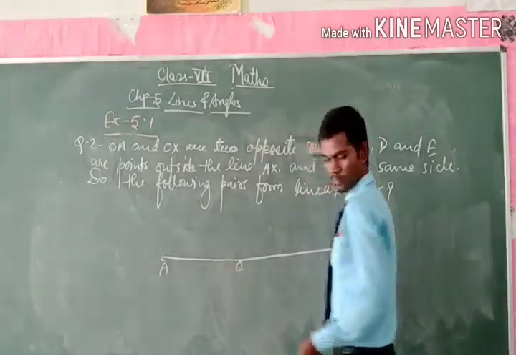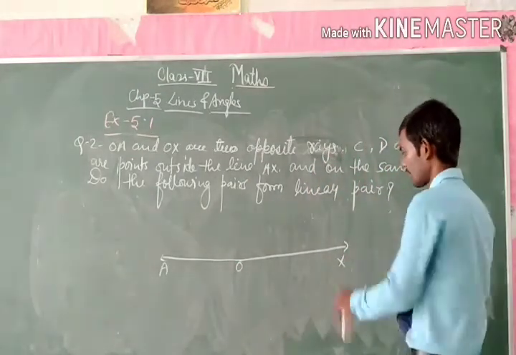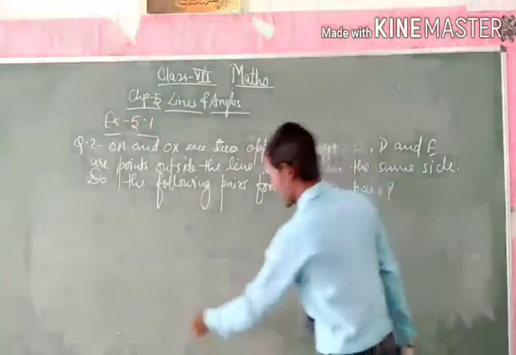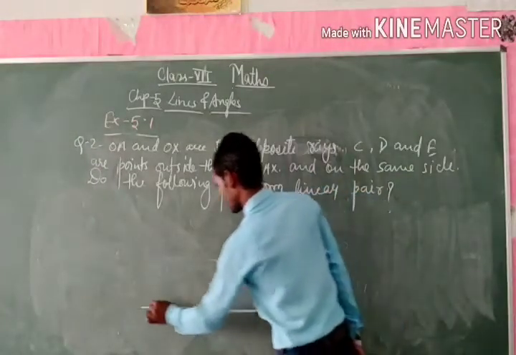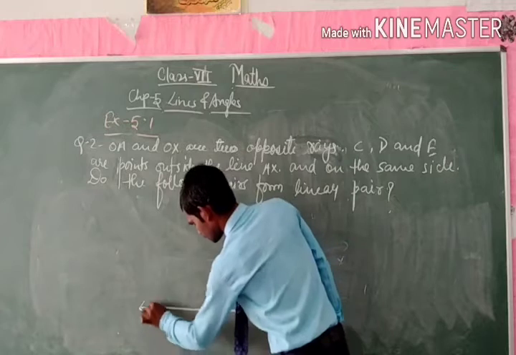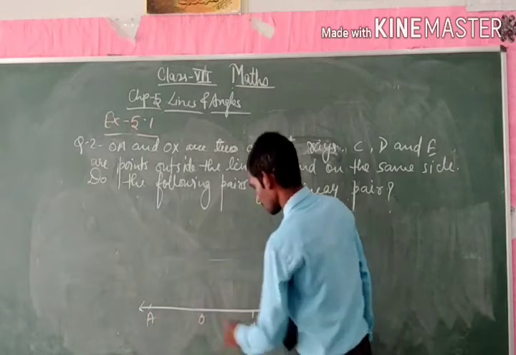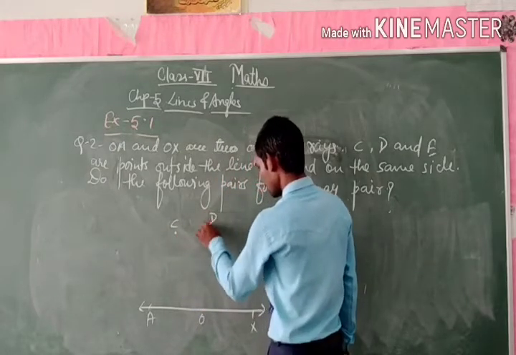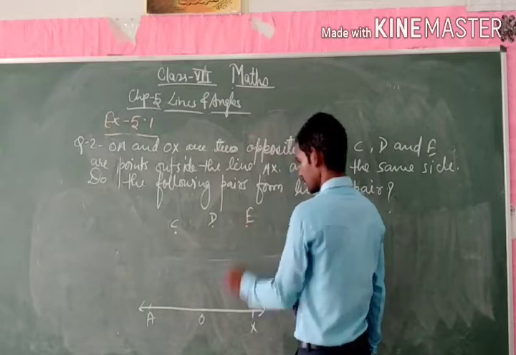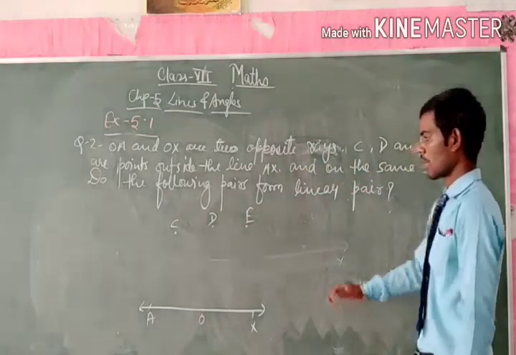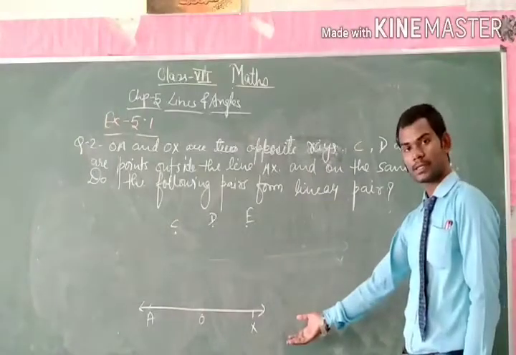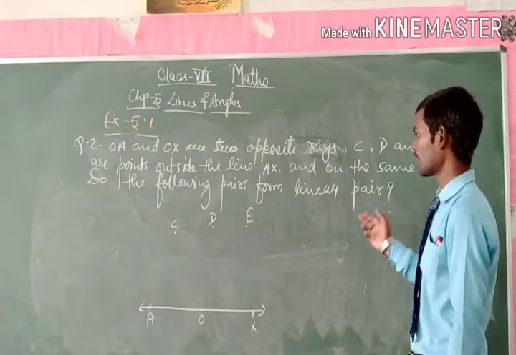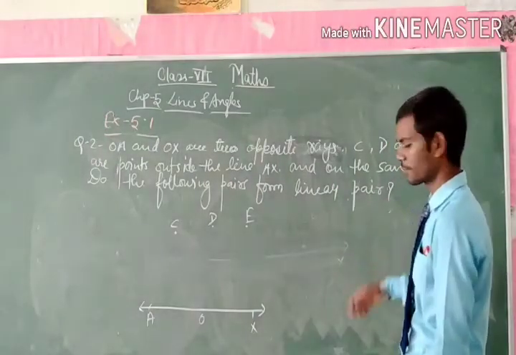That means all these points will be on the same side of the line AX. So we have C, D and E. These are the three points outside the line AX as well as on the same side. Now we have to find whether the following pairs are linear pairs or not.